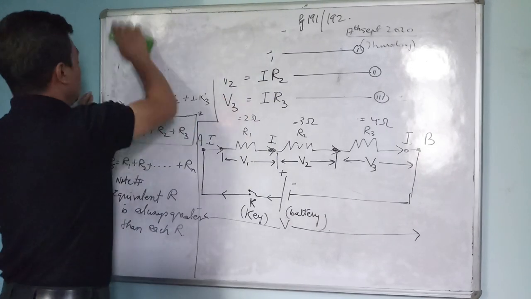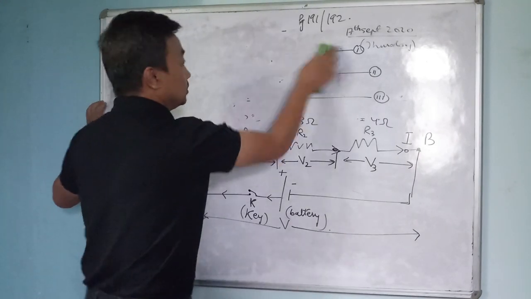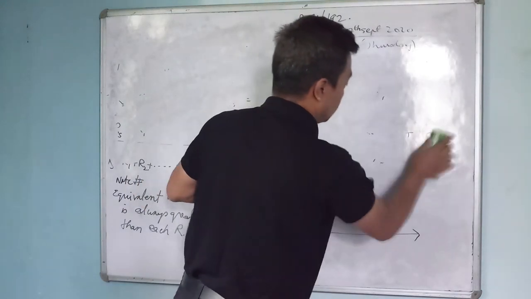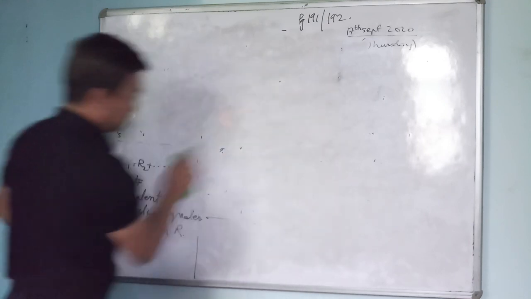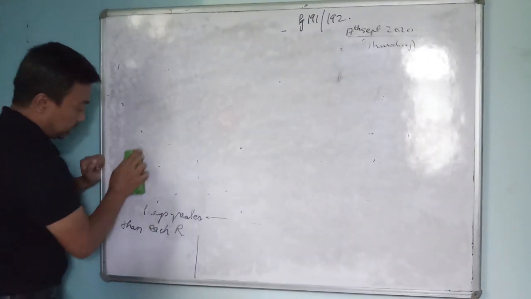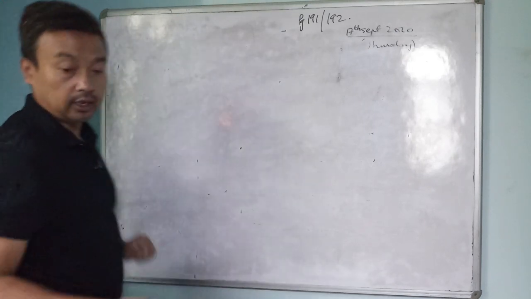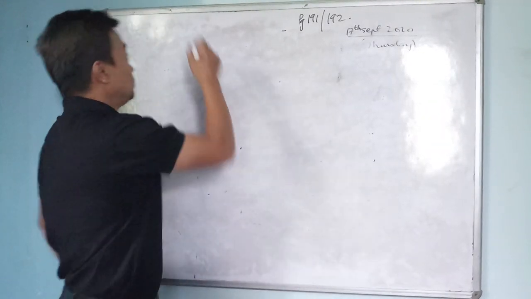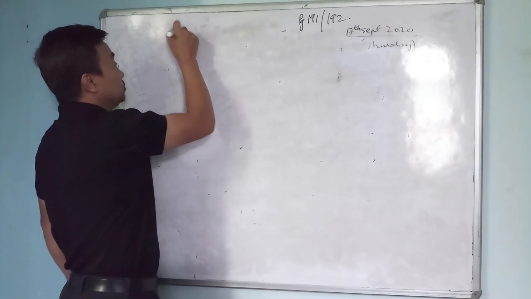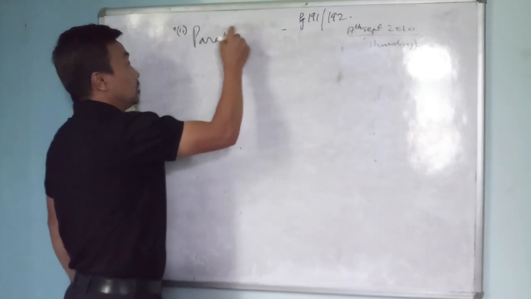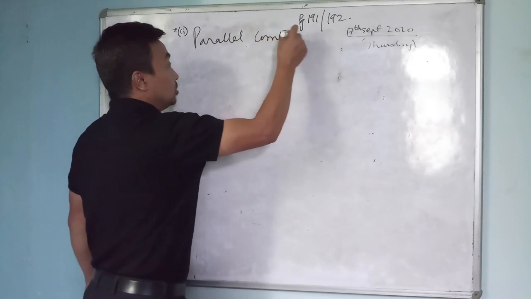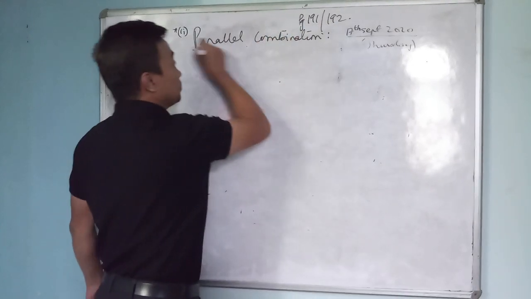Now let us do quickly the second type of combination, that is the parallel combination. So let us take here also three resistances R1, R2 and R3 be connected in parallel between the two points A and B. Alright, so let us write down number 2, parallel combination.